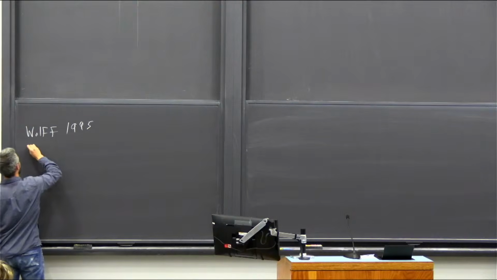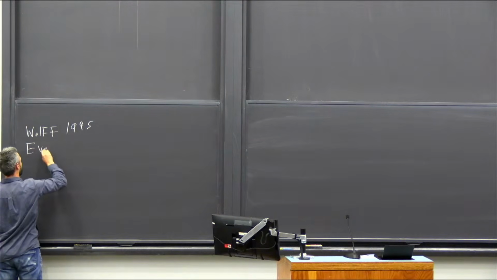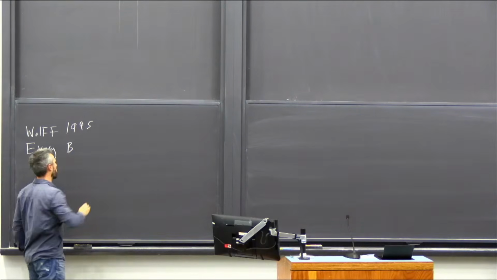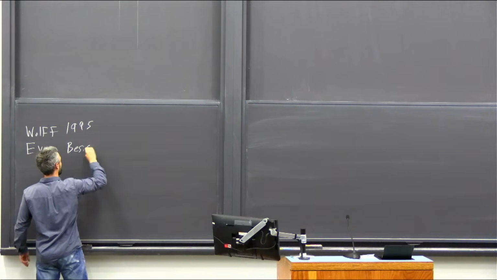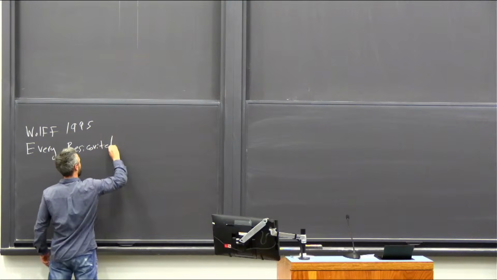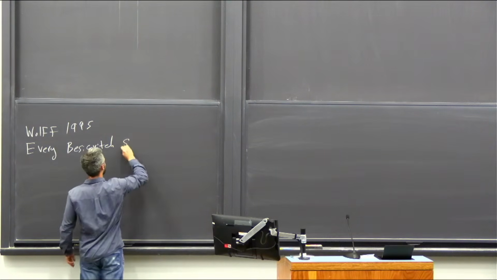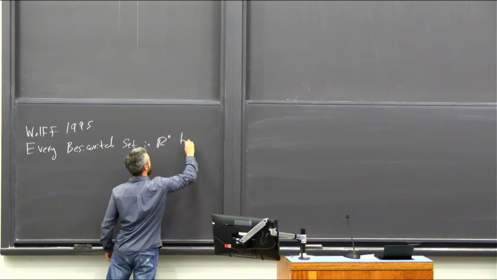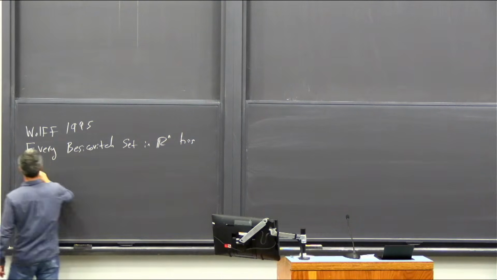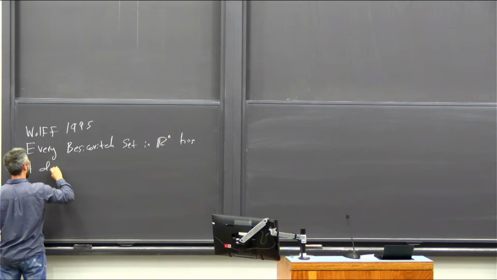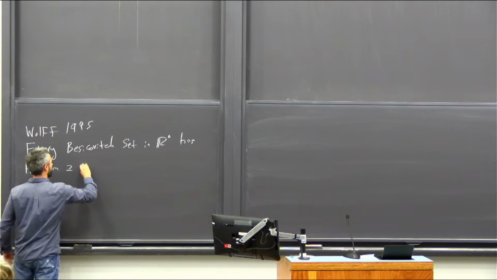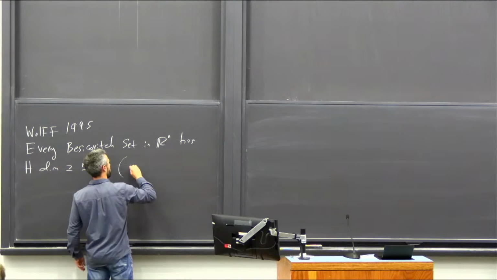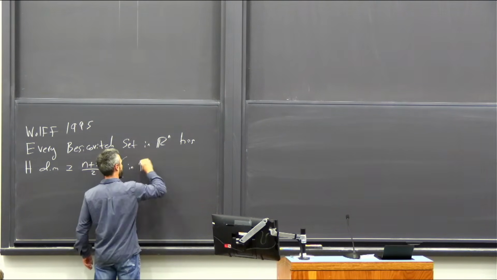He proved that every Besicovitch set in R^n has Hausdorff dimension, HDim, at least (n+2)/2. We only care about R^3 today, where this is 5/2.